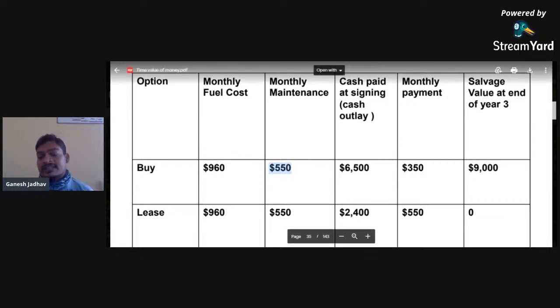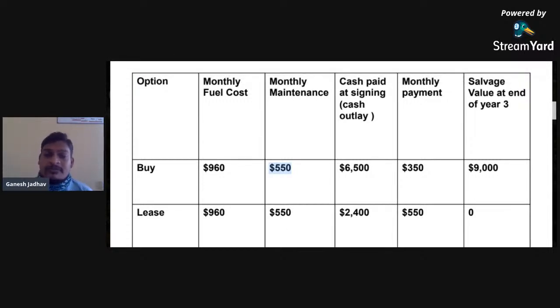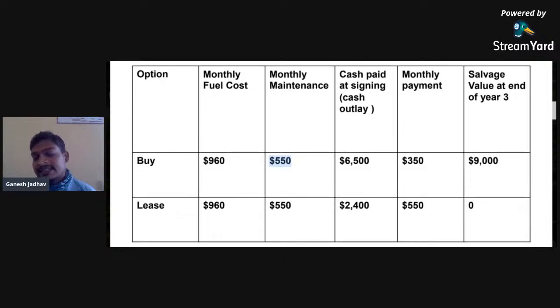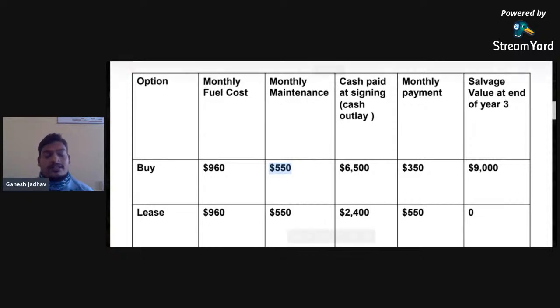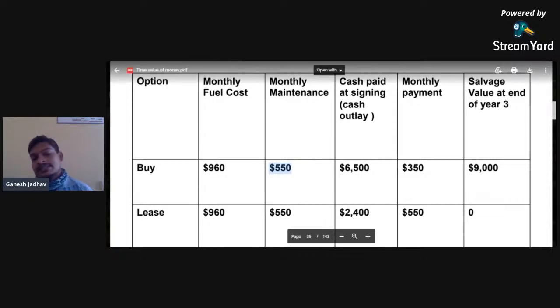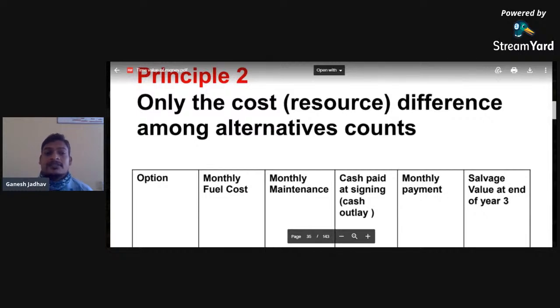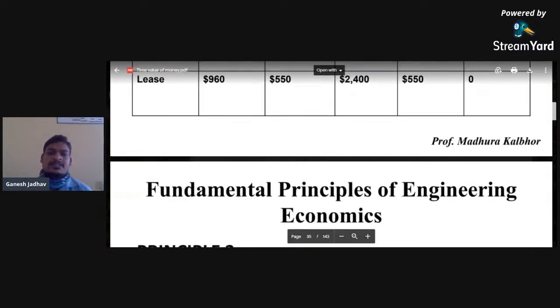And the salvage value at the end of 3 years: for buying it is $9,000, and for leasing there is none. So these are the buying and leasing options, and these are the cost differences among the alternatives.